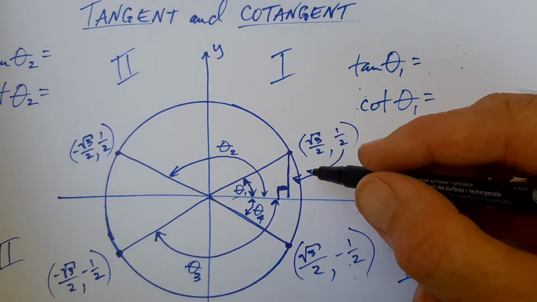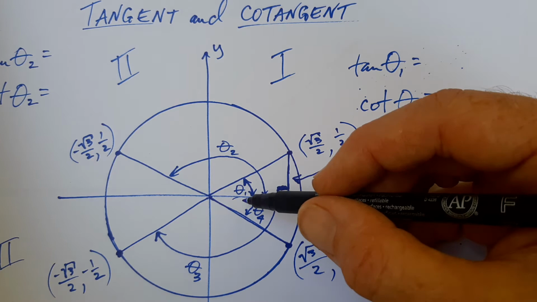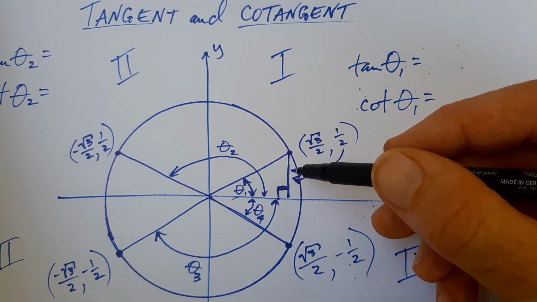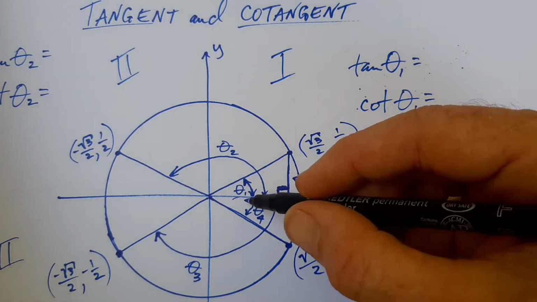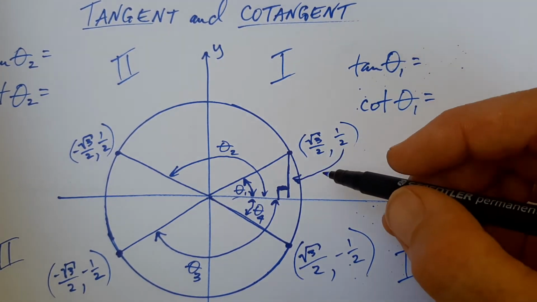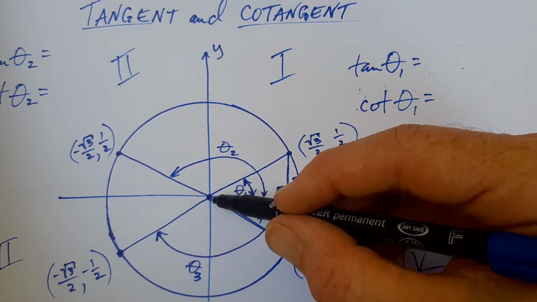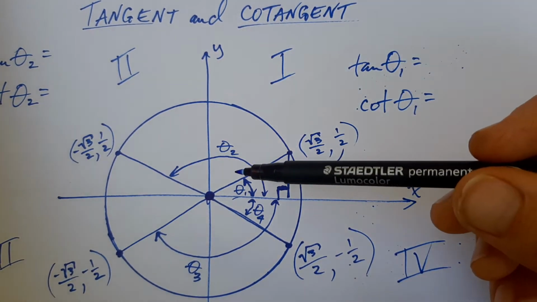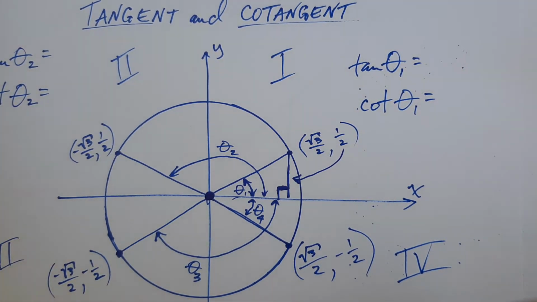So it is the rise divided by the run, the opposite divided by the adjacent, the y over x. Remember y2 minus y1 over x2 minus x1? Well, point 1 is 0, 0, because we're always starting in the center of the unit circle now, and so it makes it simple.